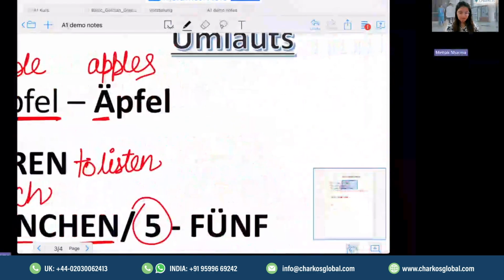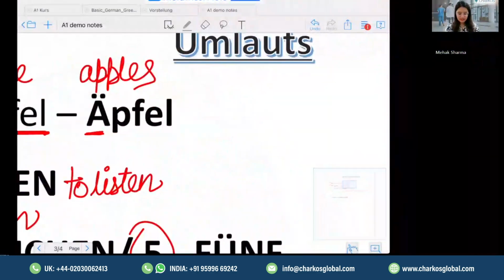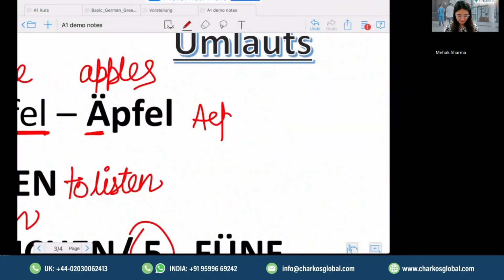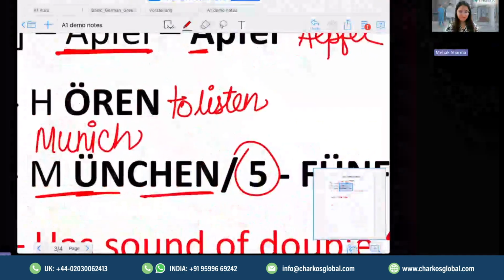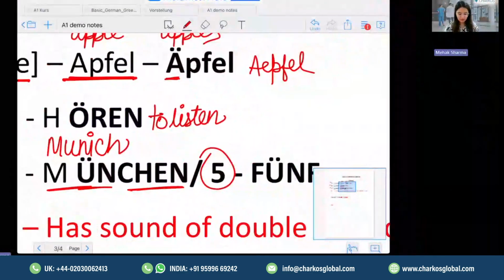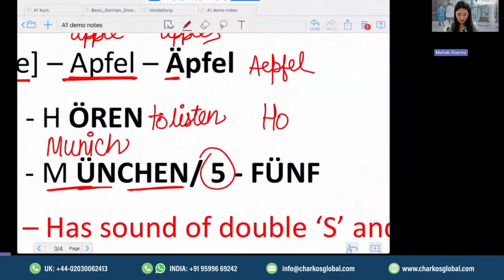I'll give you an example. Here the word is Apfel. If I am not able to type the umlaut, I can write this and people will understand. Okay. And similarly, here I'm not able to write O umlaut, so I can write like this.